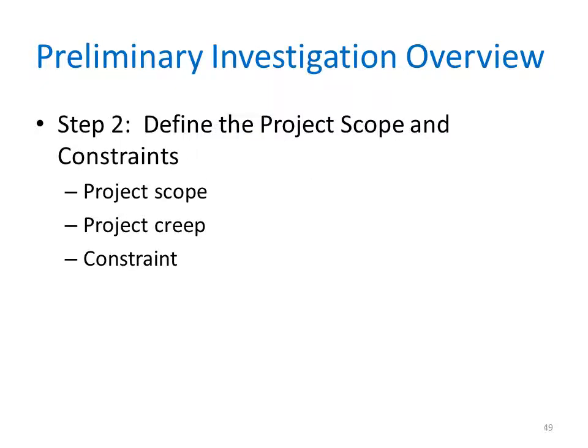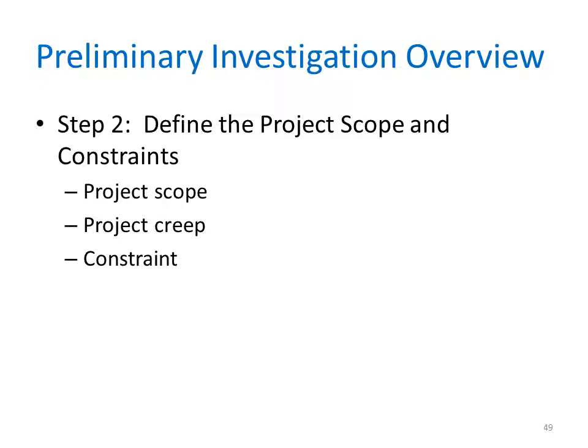In step 2, defining the project scope and constraints, we're going to consider 3 important aspects. First is project scope, then project creep, and then constraints. Determining project scope means defining the specific boundaries or the extent of the project. Sometimes, believe it or not, that can actually include specifying similar or parallel systems that are not within the scope of the project.